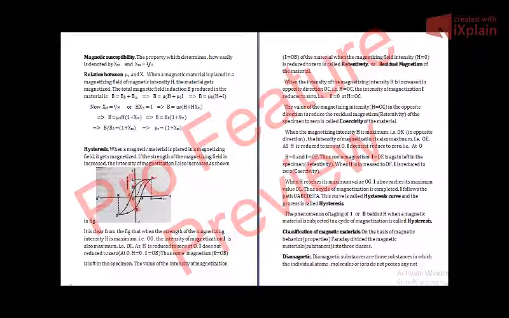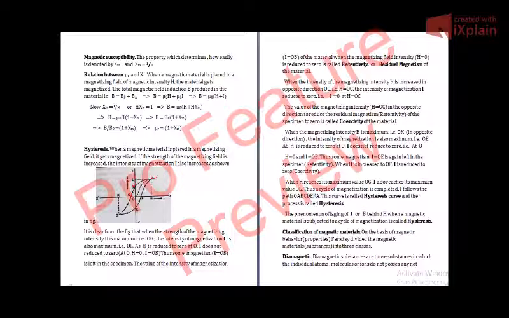what happens? The intensity of magnetization I reduces to 0. You can see now at point C, I is equal to 0. But H is not equal to 0.